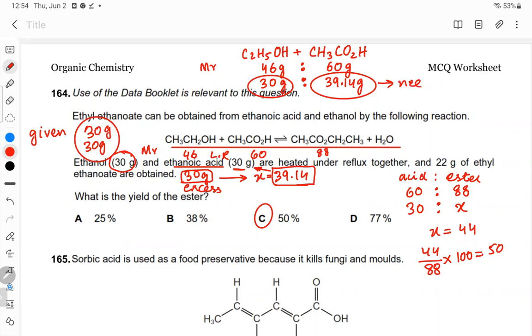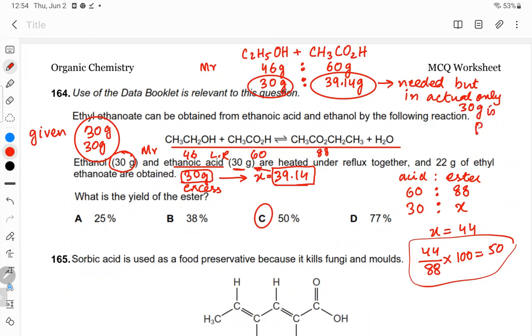This mass is needed, but yes, we can do that. We can do that, and that way you can also again get the same answer. The percentage will be 50. But in actual, only 30 gram is provided.